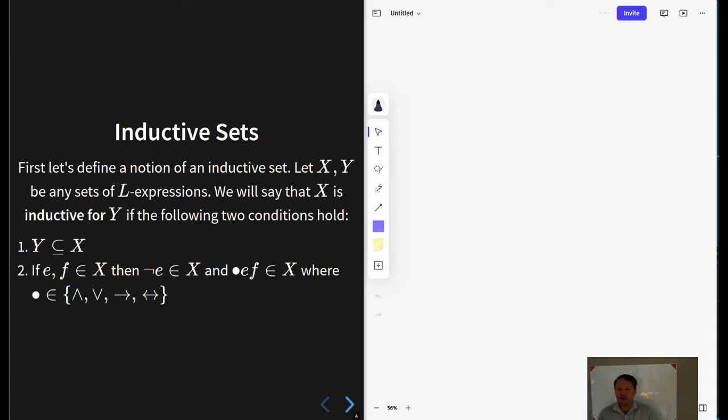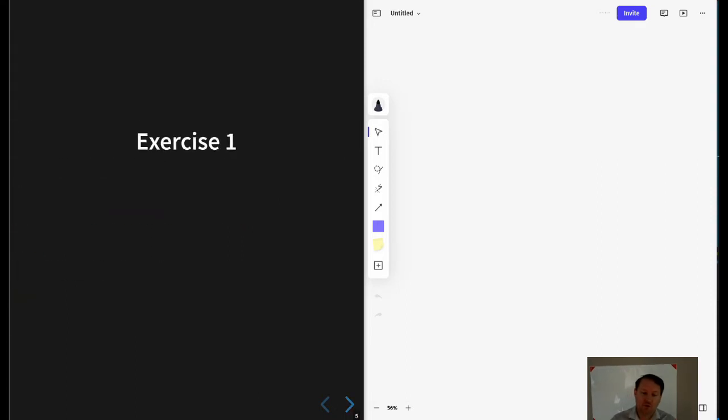So effectively, X is inductive for Y if X contains Y and is closed under the formation of any of the connectives. So that's what it is for X to be inductive for Y.